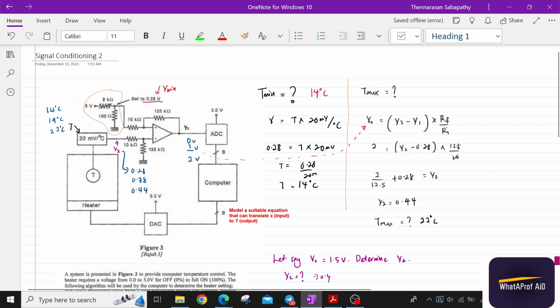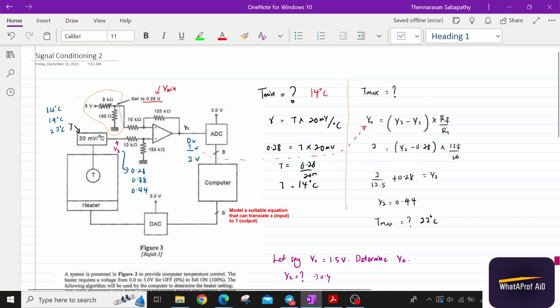Based on the minimum voltage produced over here, we can find the minimum temperature for the instrument. Then based on the reference voltage given here, and also the RF and RI, you can find the maximum input voltage for this instrument.